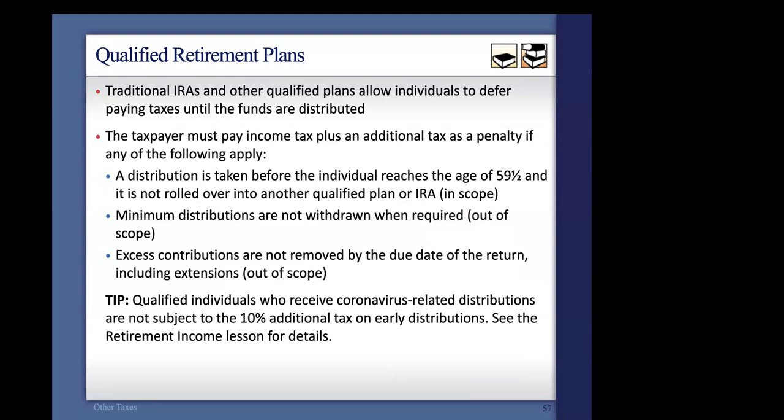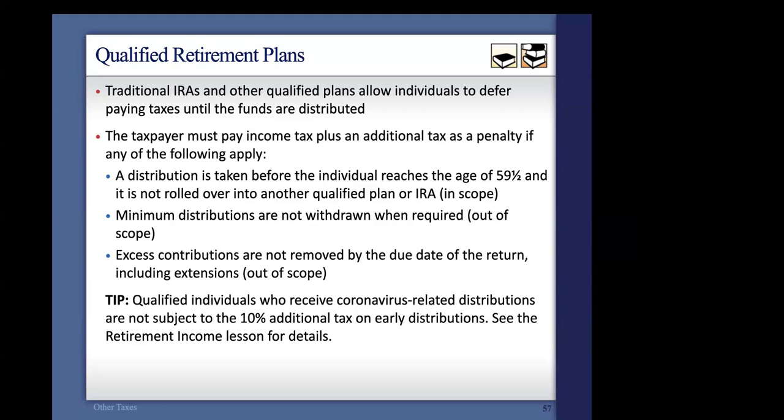Qualified retirement plans. Traditional IRAs and other qualified plans allow individuals to defer paying taxes until the funds are distributed. The taxpayer must pay income tax plus an additional tax as a penalty if any of the following apply. A distribution is taken before the individual reaches the age of 59 and a half, and it is not rolled over into another qualified plan or IRA, that's in scope for the VITA program.